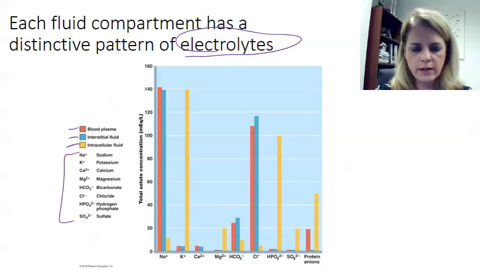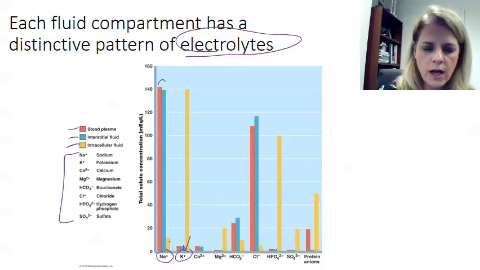And you'll notice that in the blood compartment and in the interstitial fluid, you have high levels of sodium, but very low levels of sodium in the intracellular fluid. In the intracellular fluid, you have a lot of potassium, but not very much potassium inside the interstitial fluid or inside the blood. So these are very important.